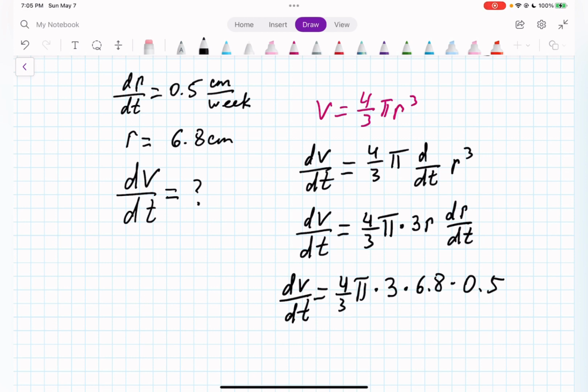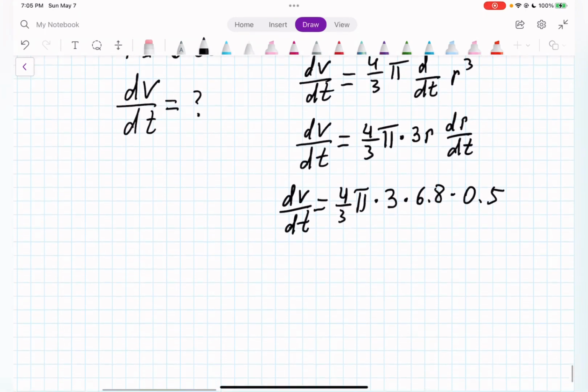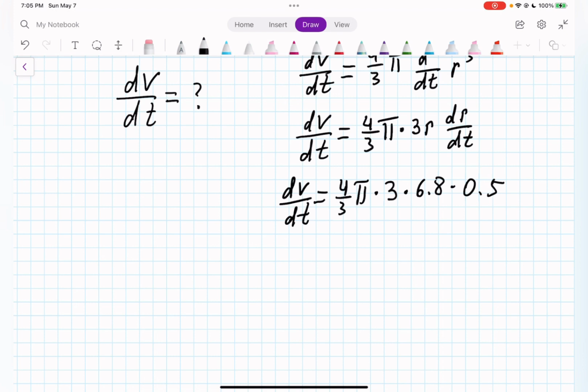Okay, so from here we are going to get dV/dt is equal to, well, pi is 3.14, that constant we are going to use. I'm multiplying everything by each other. This 3 I'm canceling with this 3.